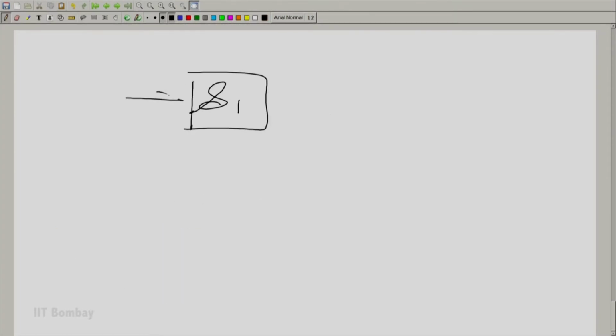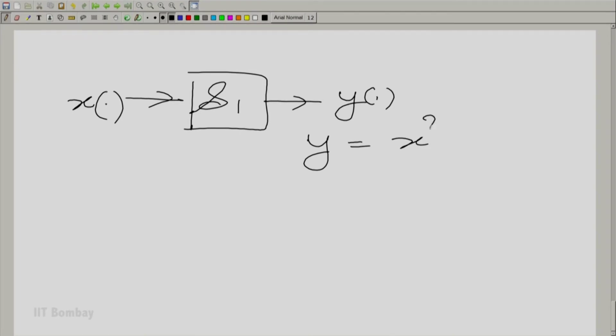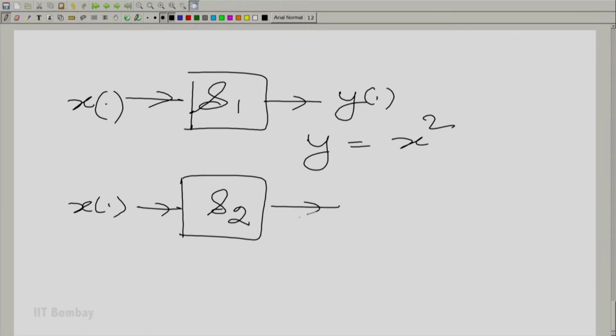Suppose you have system 1 where you give x, could be a continuous independent variable signal or a discrete one, and essentially the relationship is y is x squared, and S2 is essentially the relationship where you have x and you have y, and y is x plus 1.